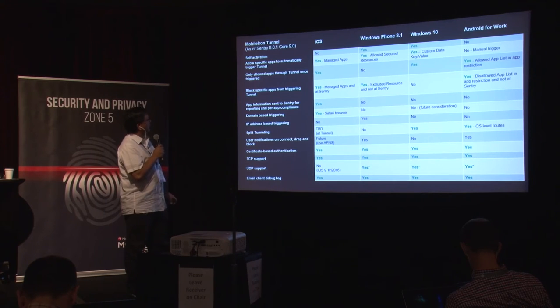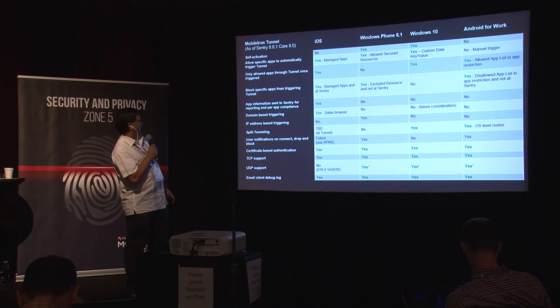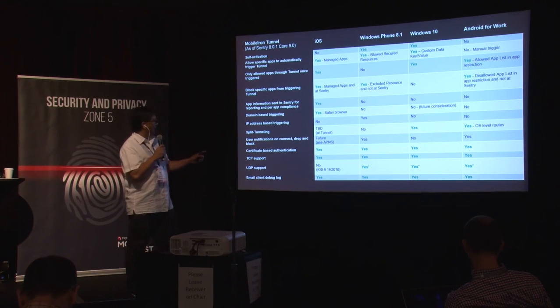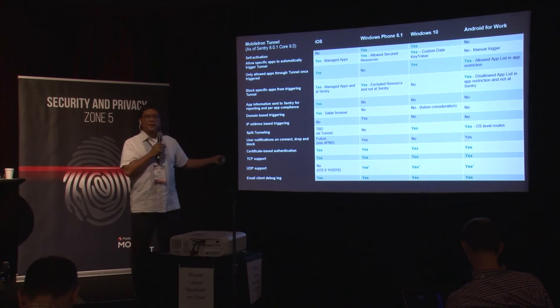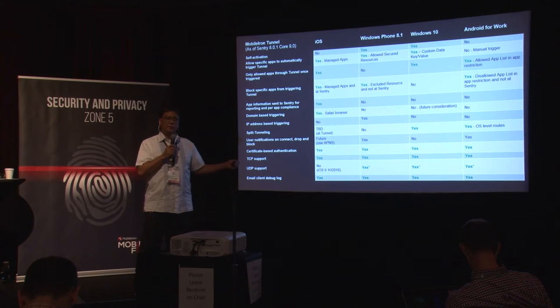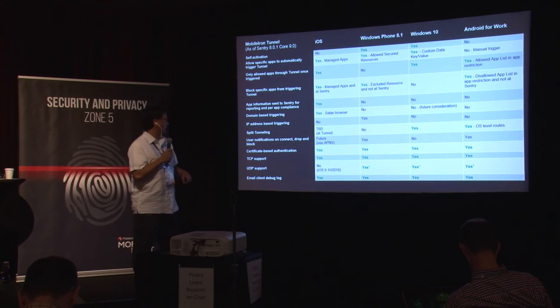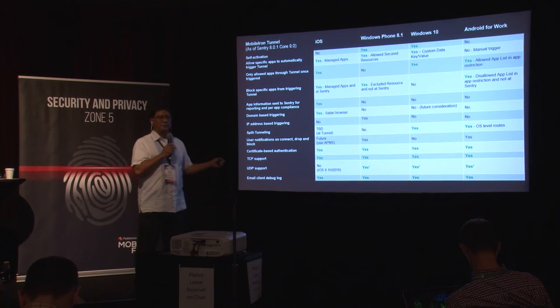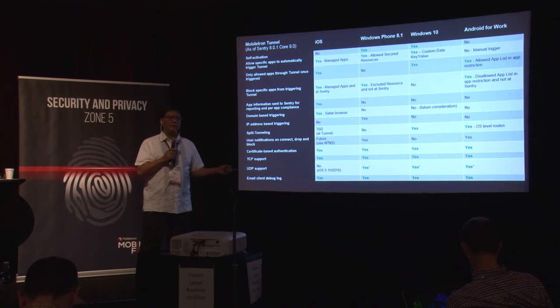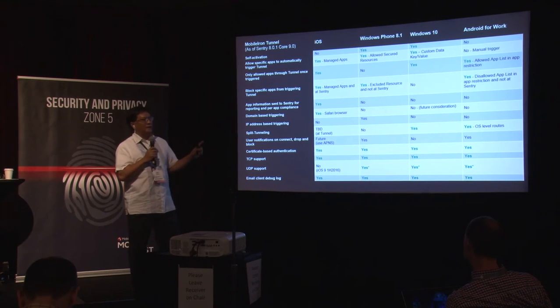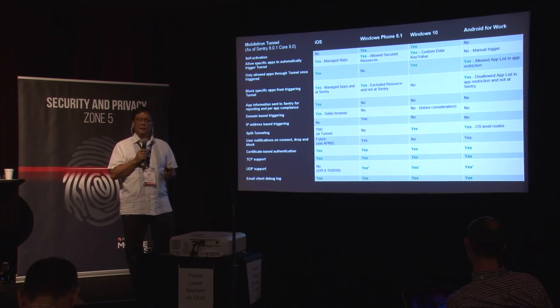The other takeaway here is that the current iteration of MobileIron Tunnel for iOS still only supports TCP, no UDP support yet, but all the other tunnel technologies support both TCP and UDP streams.